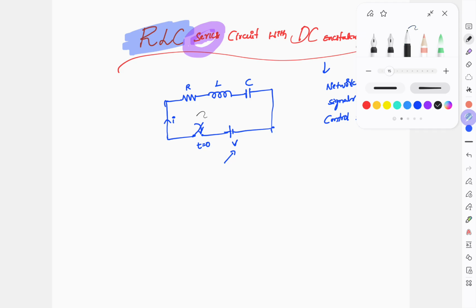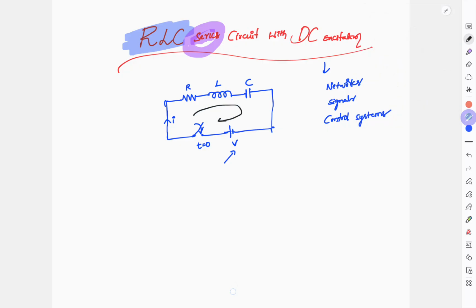Apply KVL. Now differentiate with respect to time t.